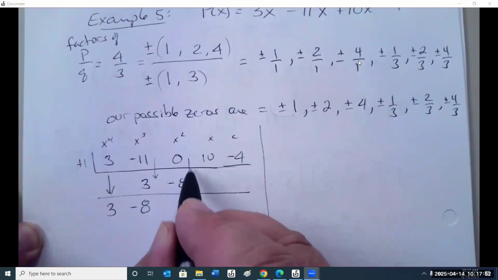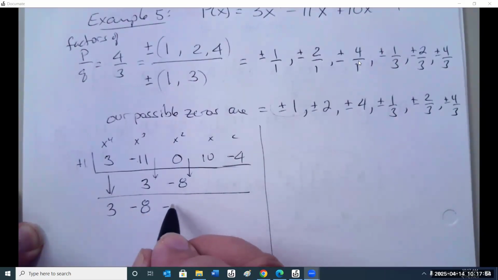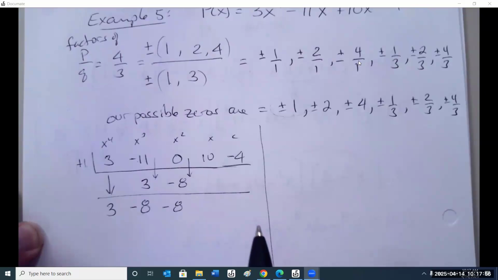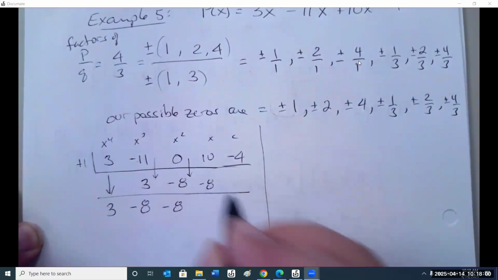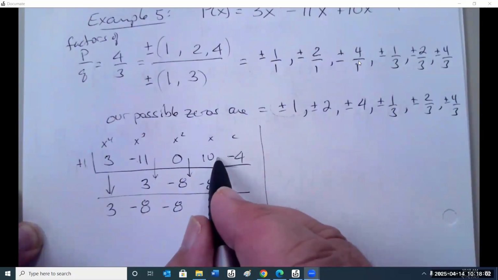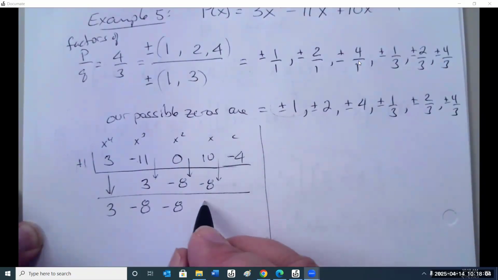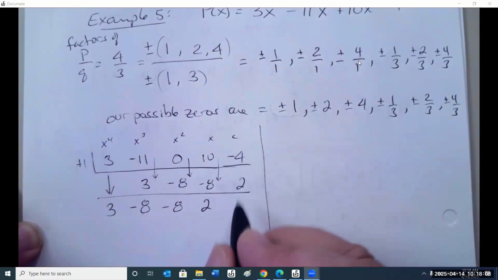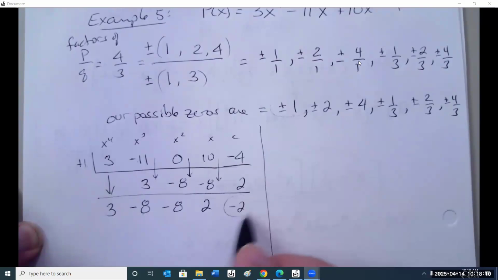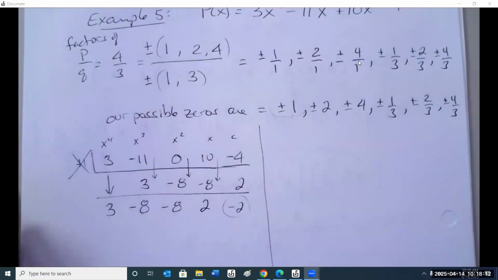Add straight down. 0 plus negative 8 is negative 8. Multiply again. 1 times negative 8 is negative 8. Add straight down. 10 minus 8 is 2. And 1 times 2 is 2. Minus 4 is negative 2. That's not a 0. So positive 1 is not a 0.